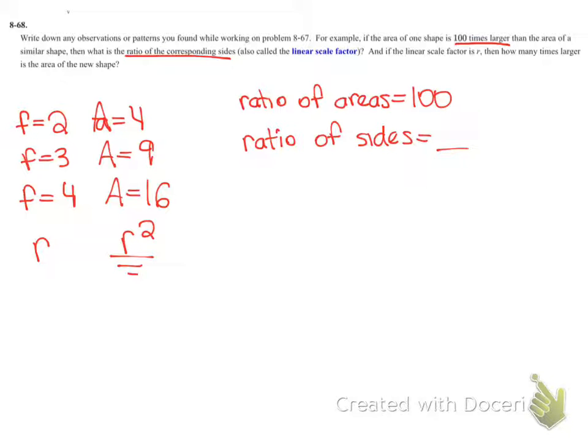The area is 100 times bigger, so we want to figure out how much bigger the side lengths are. So we're going from R squared, the ratio of the areas, to R. How do we get rid of a squared? Well, we square root it. So we know the ratio of the sides would be the square root of 100, or 10. So I could say the side lengths are 10 times larger in my new shape than in my similar one.